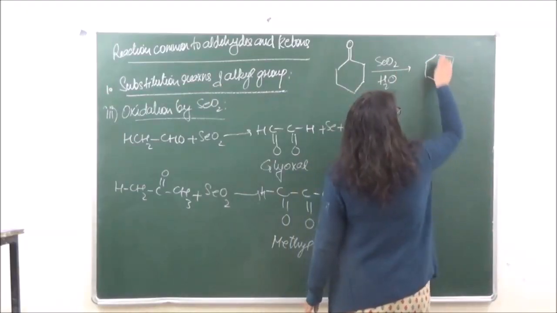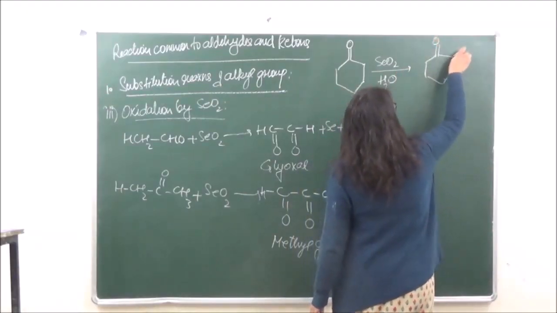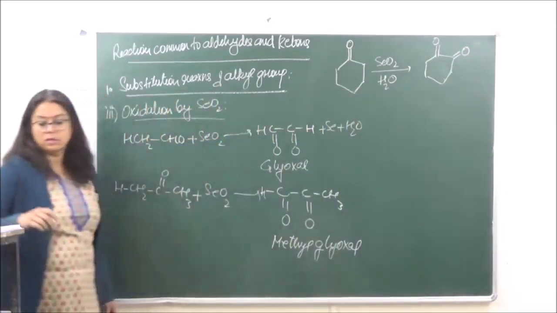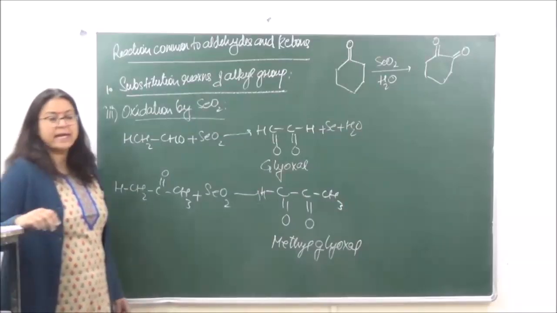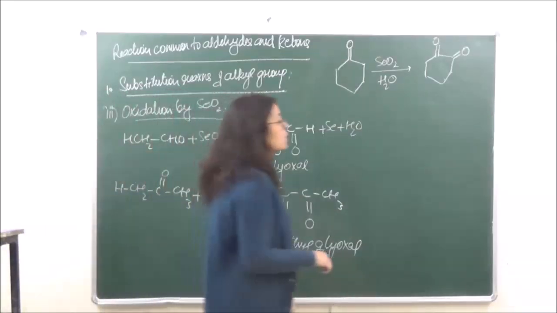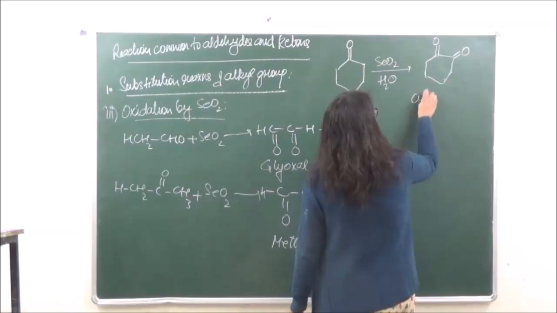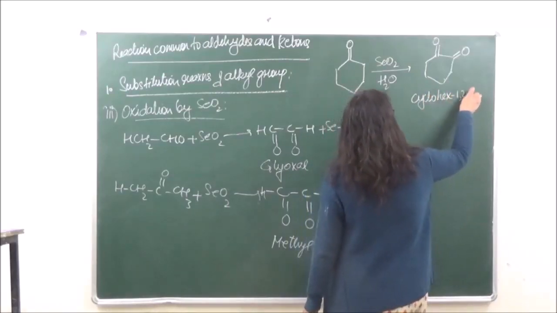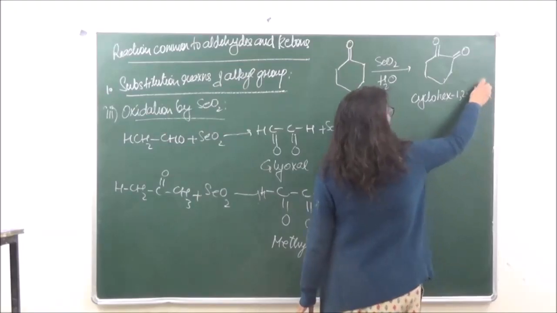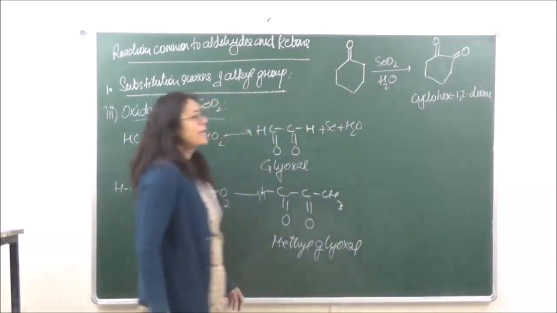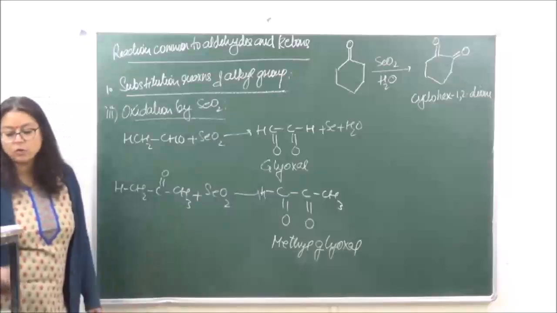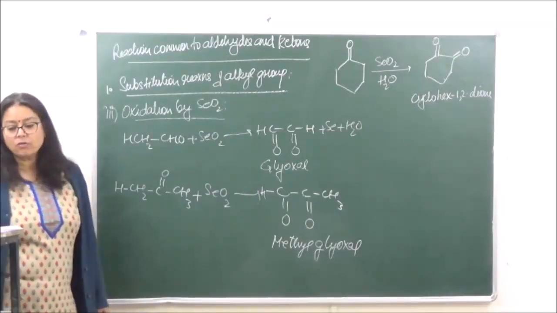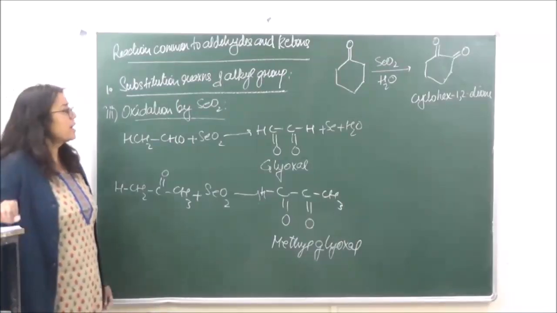The product which we are going to get over here is this. This is known as cyclohex 1,2-dione. Okay? So you can see that in all the three, the reactions are going to be of the same type.